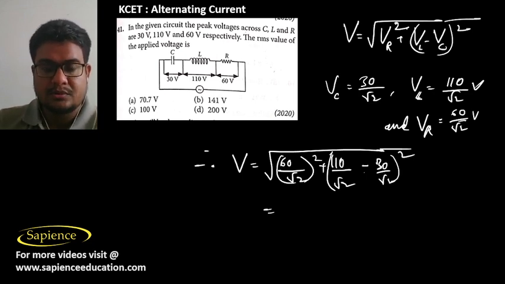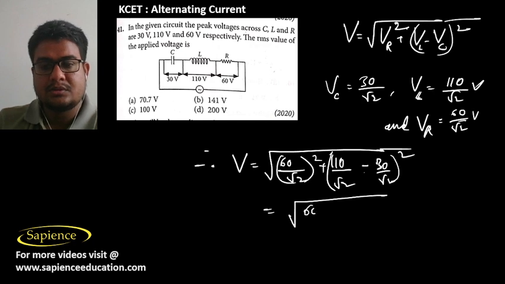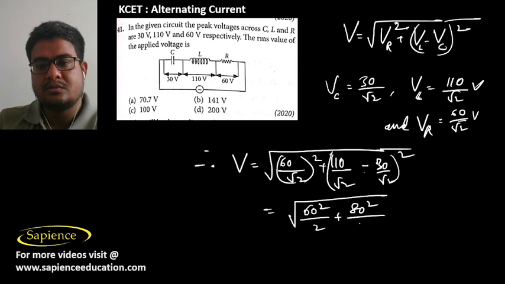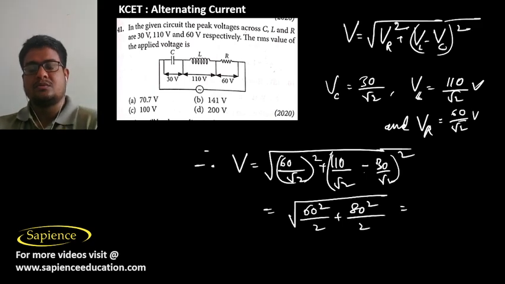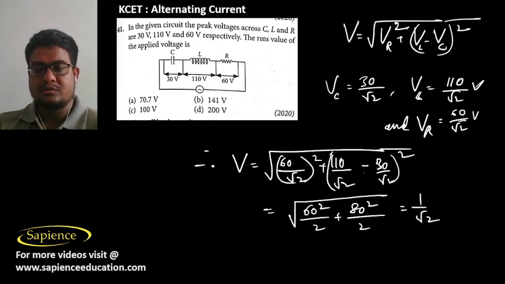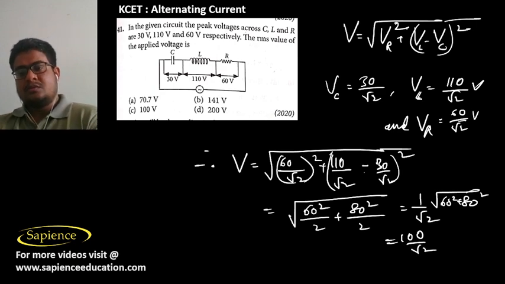So this will be root over 60 squared by 2 plus 80 squared by 2. I can take 1 by root 2 as common outside. Root over 60 squared plus 80 squared, which is 100 by root 2 volts.